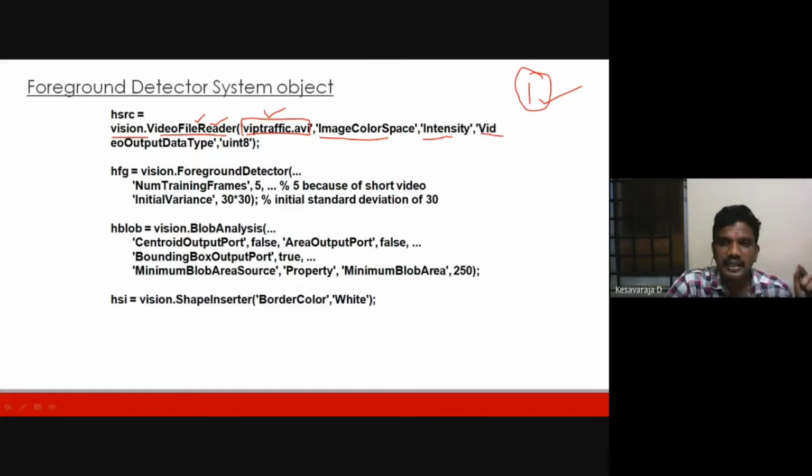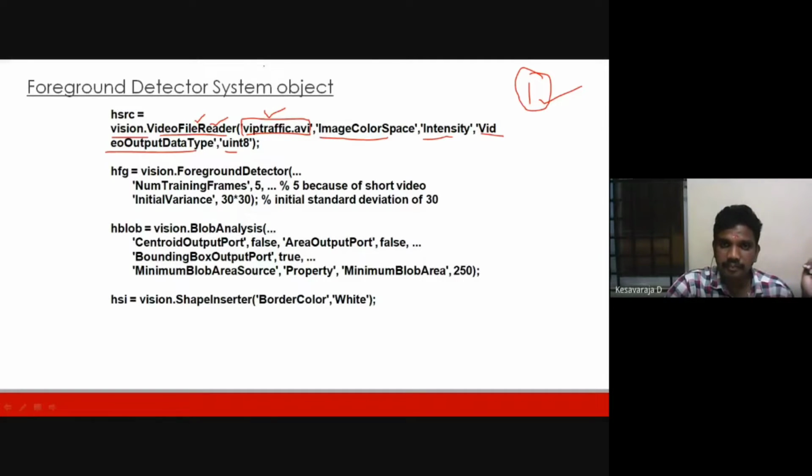Because there are 100 parameters, if parameters are not specified, they are empty, false, or null. It's the easiest methodology followed in the CV toolbox. So vision.VideoFileReader of name of the video.